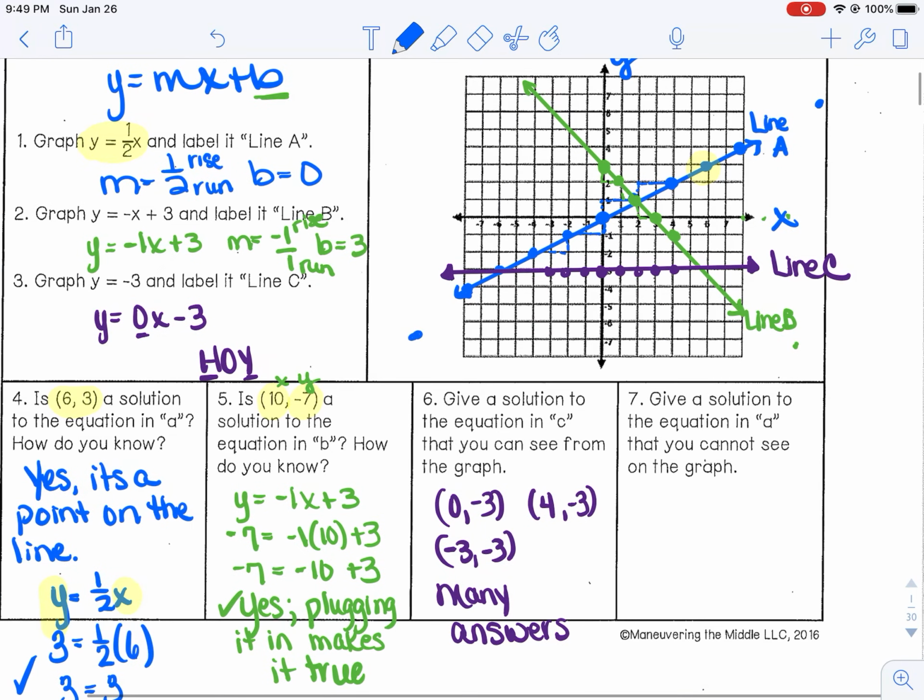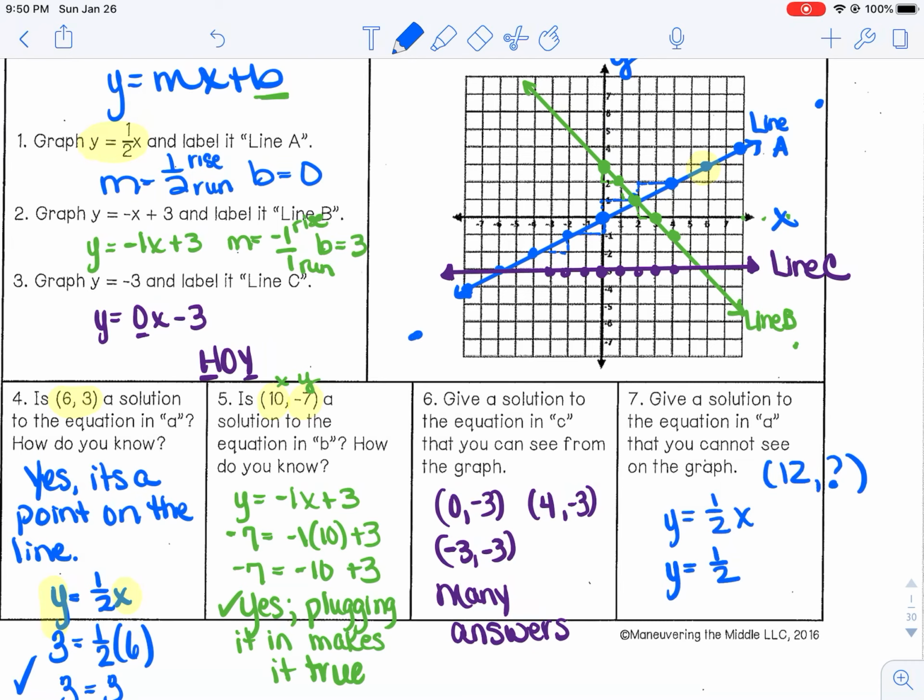So I'm just going to use an x value of 12 and see if I can figure out what the y value would be. So I'm going to go back to that equation and say y equals a half x. And I chose 12 because it's not on the x-axis and it's even, and I know I'm trying to find half of a number. So I'm going to leave y because I don't know what it is, but I'm going to plug in 12 for x.